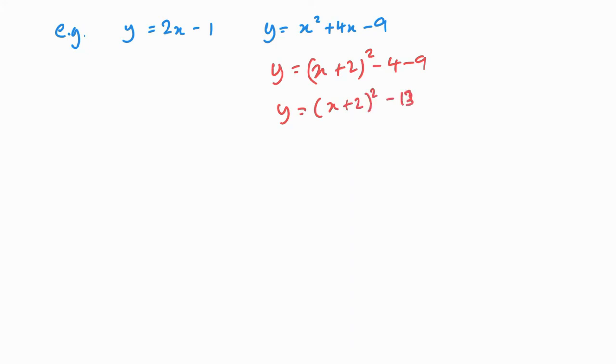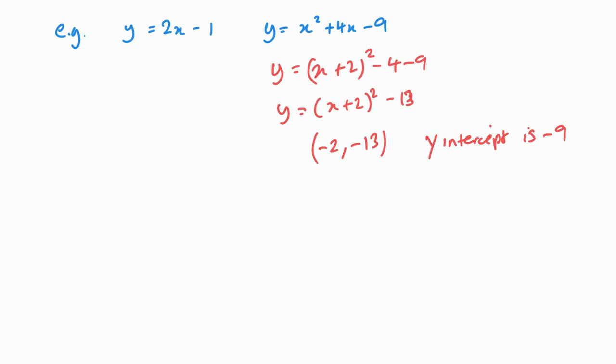Clearly, our minimum or our turning point is when x is minus 2 and y is negative 13, and we know that it's going to intercept the y-axis, so the y-intercept is minus 9. So that's quite important.